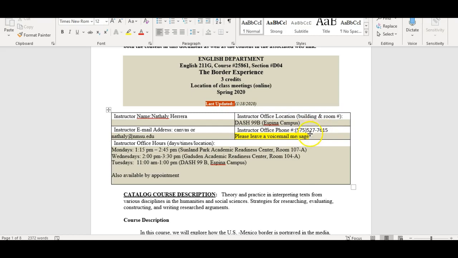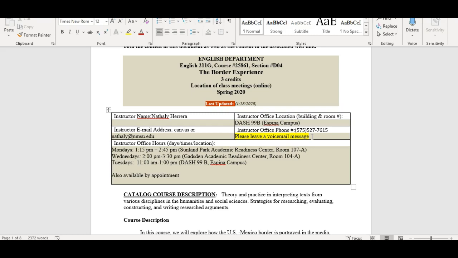if you leave a voicemail, that voicemail gets emailed to me so I can listen to it from wherever I am, and I can call you back. However, the only way that voicemail gets emailed to me is if you actually leave a voicemail. My office phone has a caller ID, but it does not show a person's name, it just has the number.